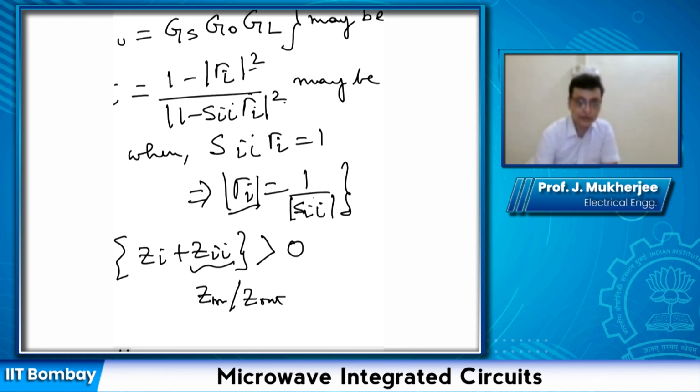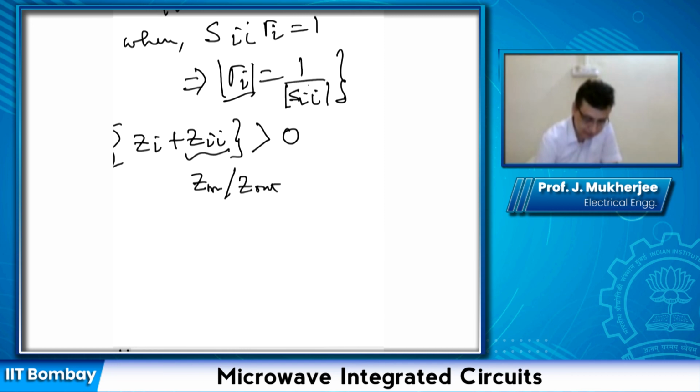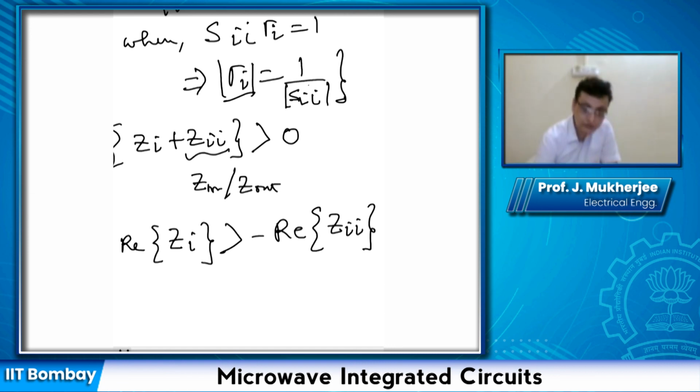Okay. So then this in turn implies real part of Zi should be greater than minus real part of Zii, which is in turn equal to the magnitude of real part of Zii.